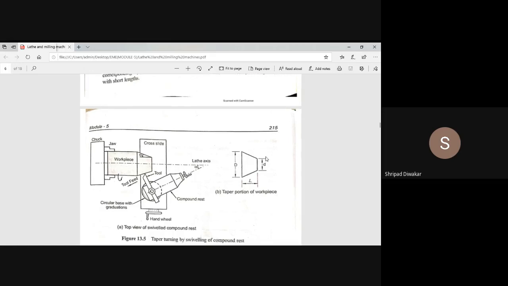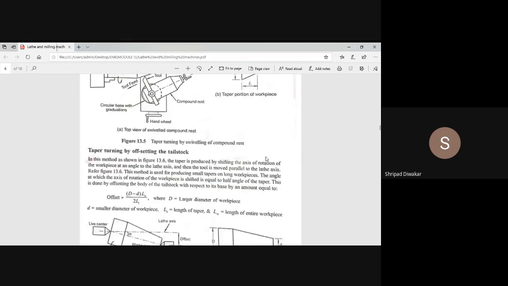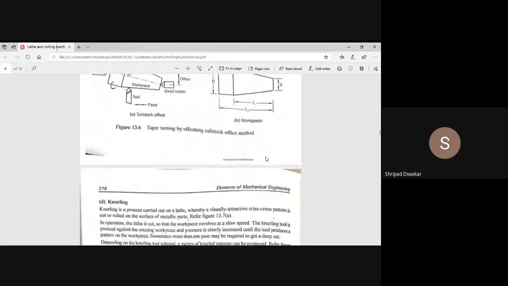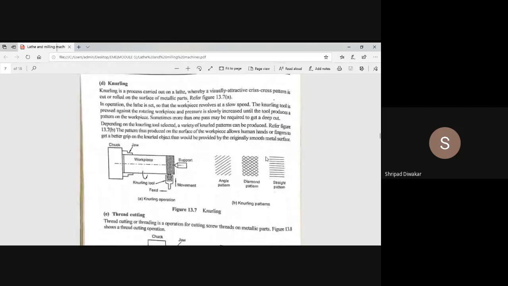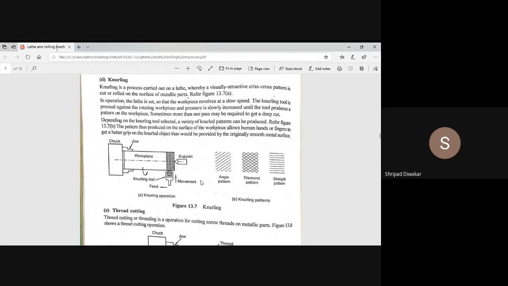And fourth operation is knurling. Knurling means generation of a specified pattern on the given workpiece. In case of plain turning, we are just reducing the diameter. Sometimes it is required to generate a specified pattern on the given workpiece.